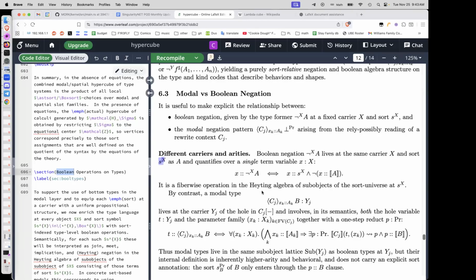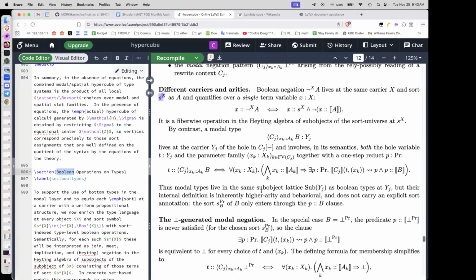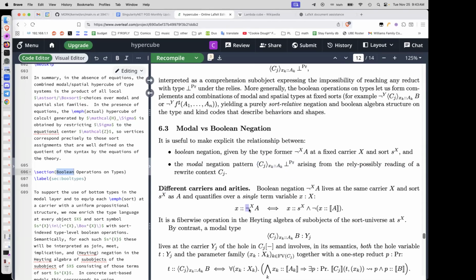And that makes it sensible. So the negation that's due to modality is different than the Boolean negation here in the models.